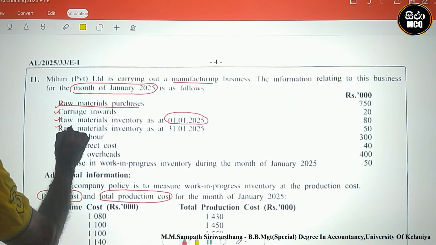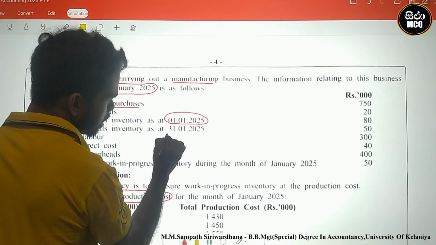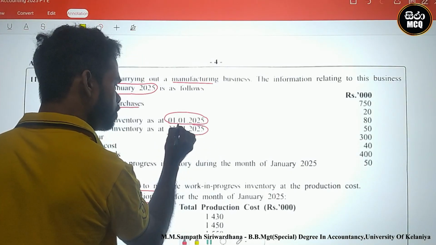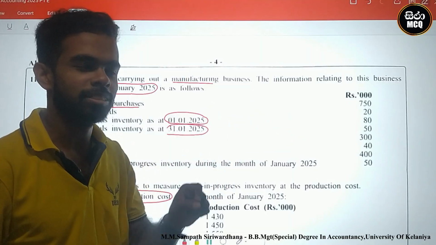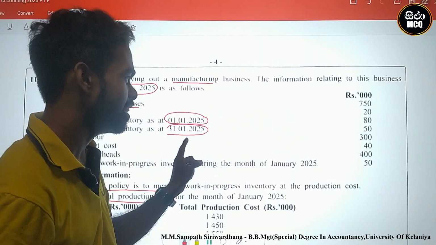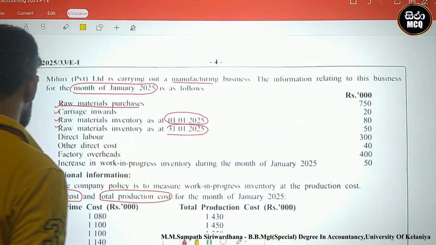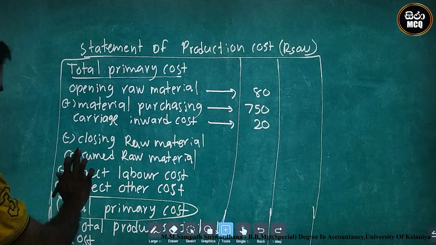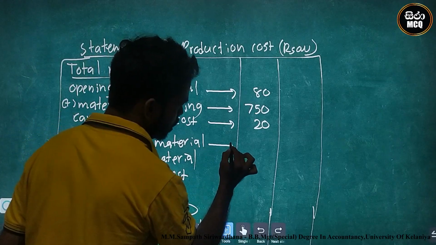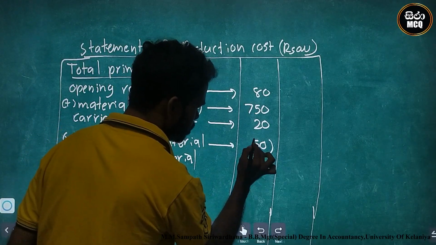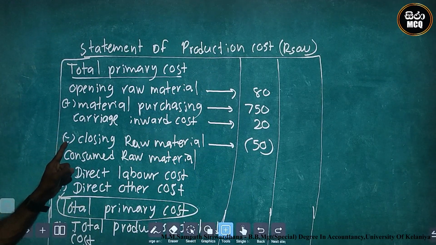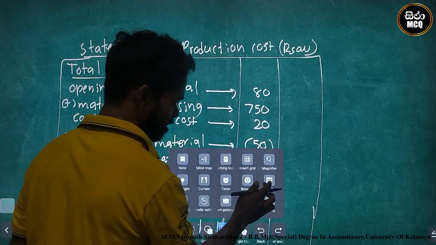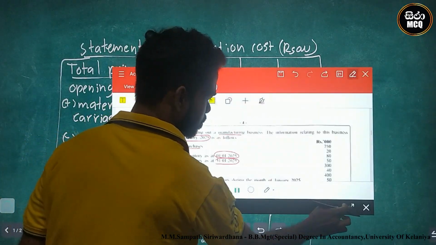Next one, raw material inventory as at 31st January 2025. 31st January is the end of the month. Therefore, 50 is the closing raw material and must be deducted. Next one.